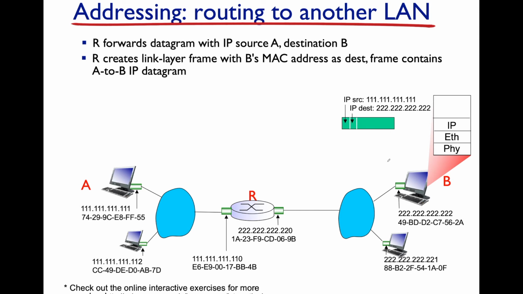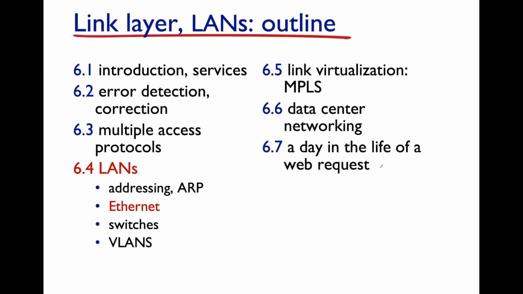It removes the datagram as payload, sends it up to the network layer, has the port number, and delivers it to the application above. And so this is our sequence of how frames are forwarded from one network to the next, and it all hinges on these ARP lookups in combination with the forwarding table or the flow table lookup.